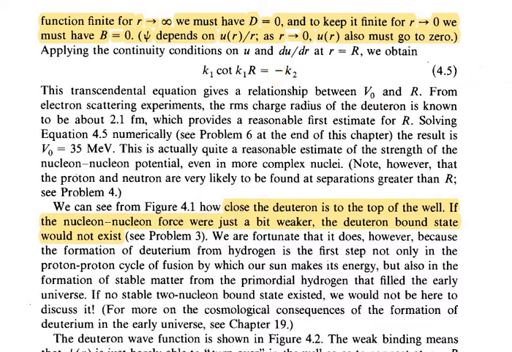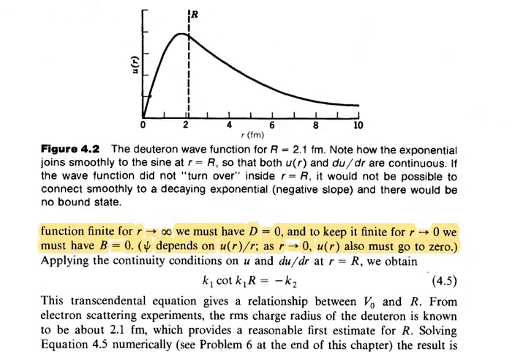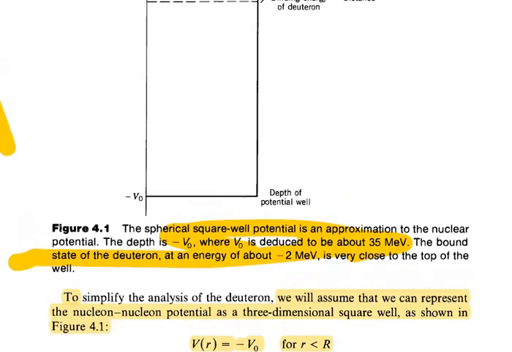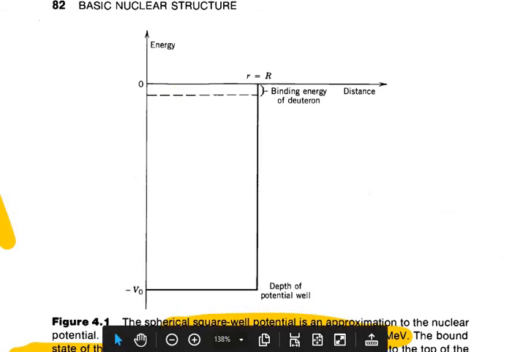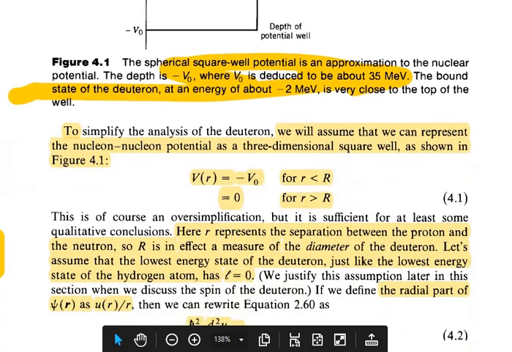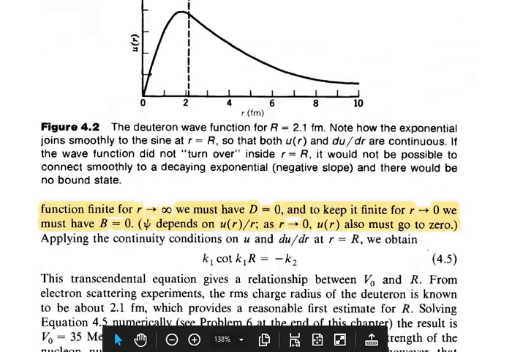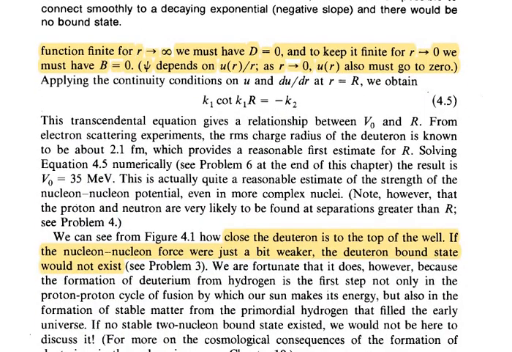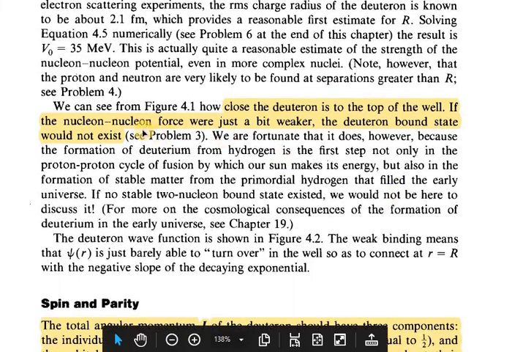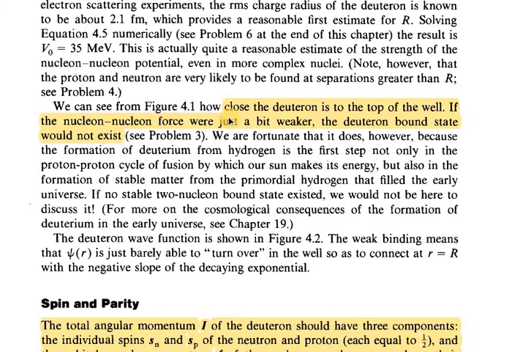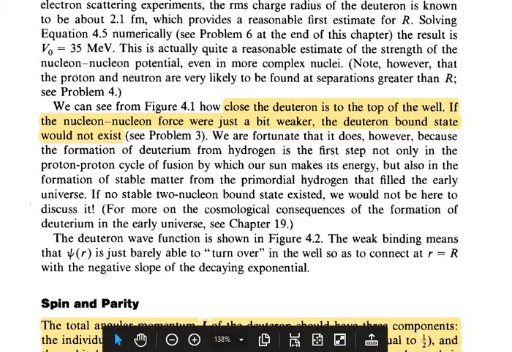You already saw from the figure that the deuteron bound state is very close to the zero potential energy. That means they are easy to separate since the binding energy is 2 MeV. That means if the nucleon force were just a bit weaker than this, the deuteron bound state would not exist.